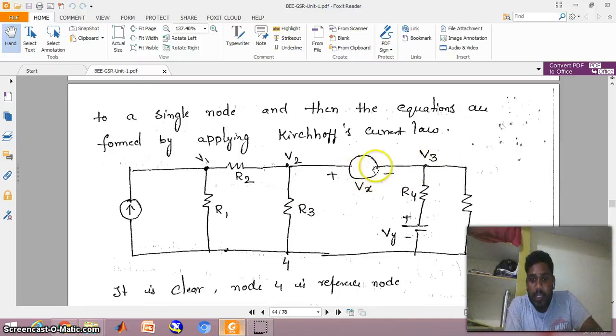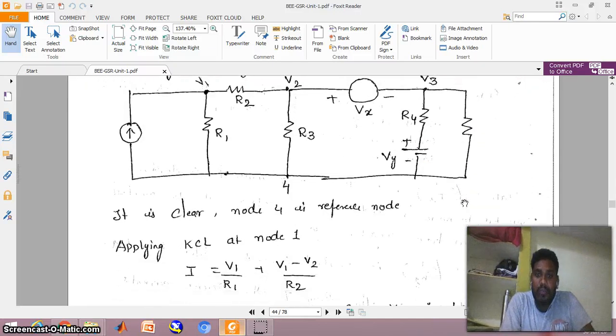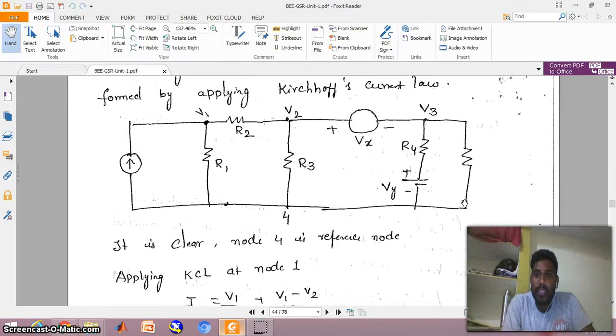The current through this voltage source is equal to the sum of the current through R4 and the current through R5. The current through R4 is V3 minus V4 by R4, plus the current through R5, which is V3 minus 0 by R5.